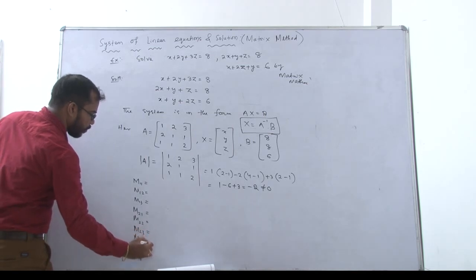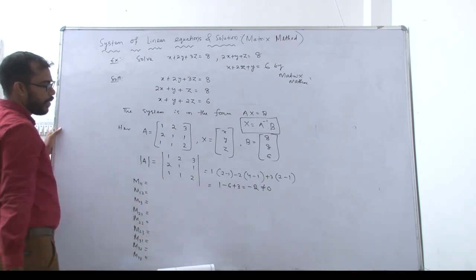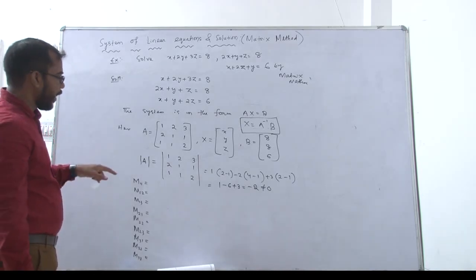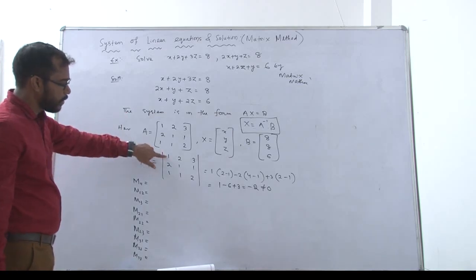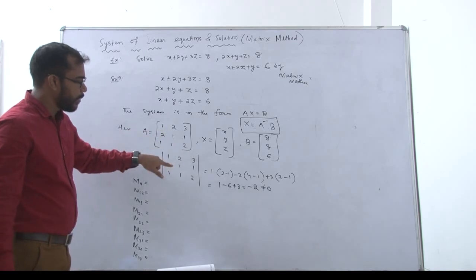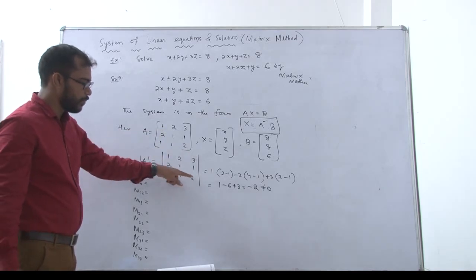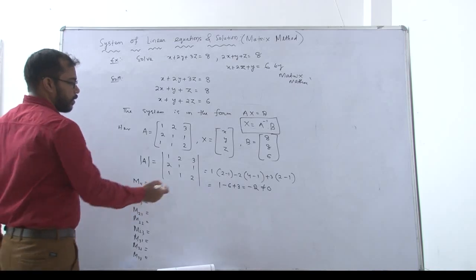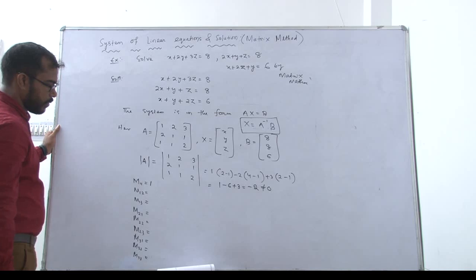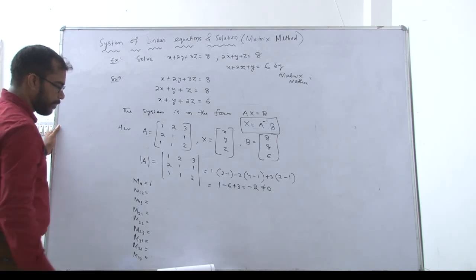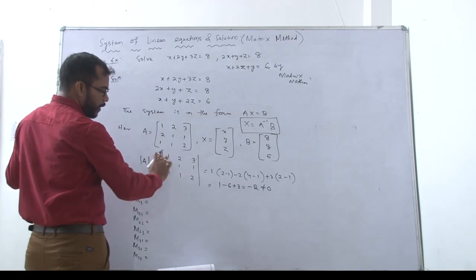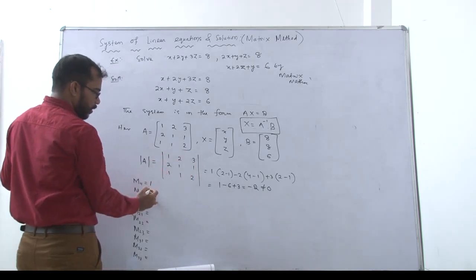First of all, we have to evaluate the minors. M11 means the value for this element, that is 1. If we delete this element, then we get 1, 1, 1, 2. If we determine, then we get 2 minus 1, that is 1. So we can write M11 is 1. Similarly, this is the value of M12. If you delete this row and column, that is 4 minus 1.